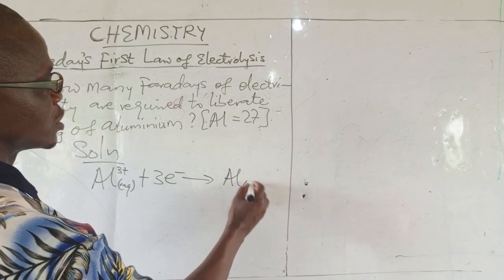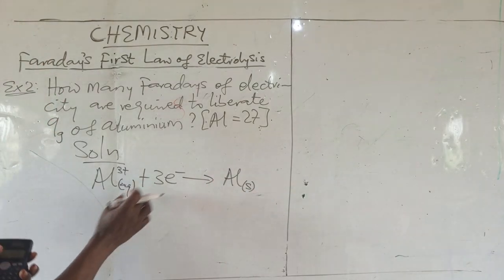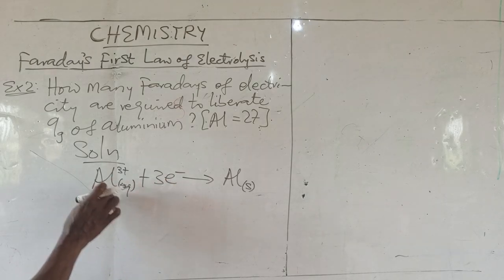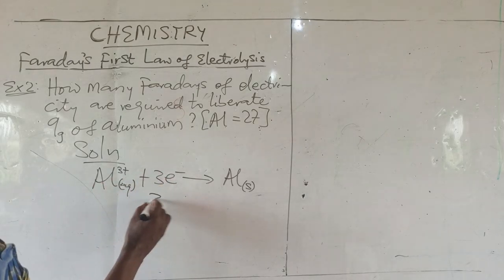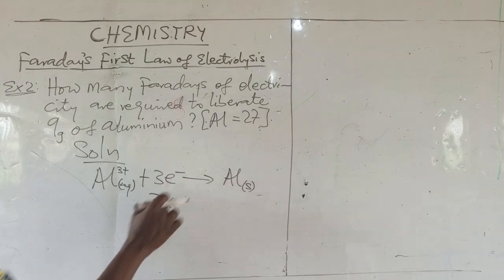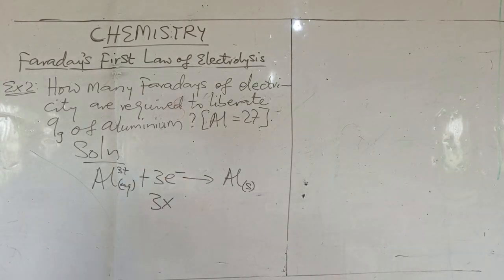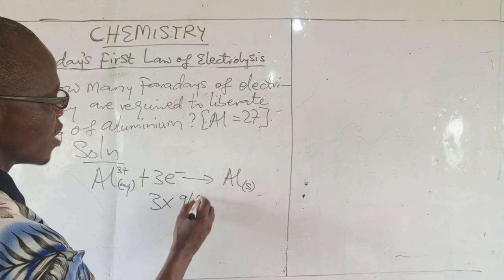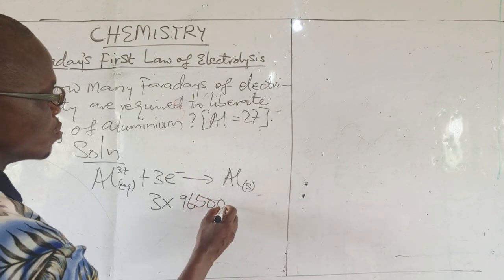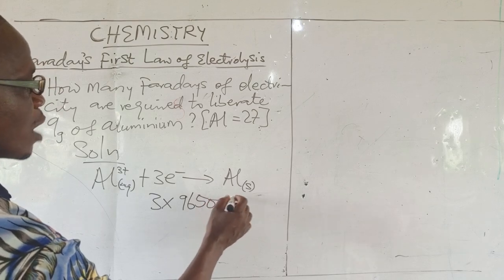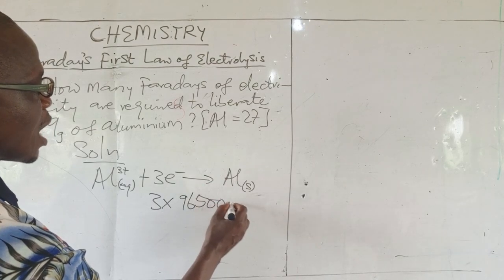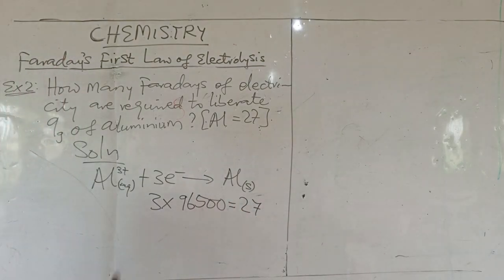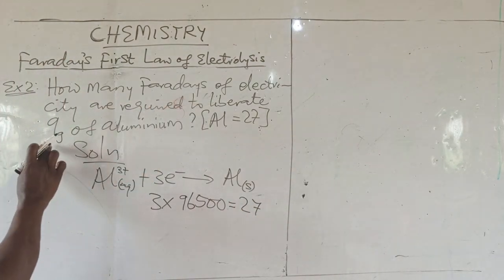Al, solid. From here, you have seen that the moles of electrons needed to liberate this is 3. You have 3 times, remember, I told you 1 mole of e minus is equivalent to 96500 coulomb. Now, that one liberates how many of these? 27 grams. But in the question, they said 9 grams.